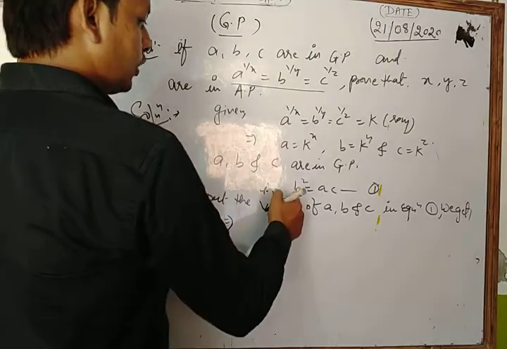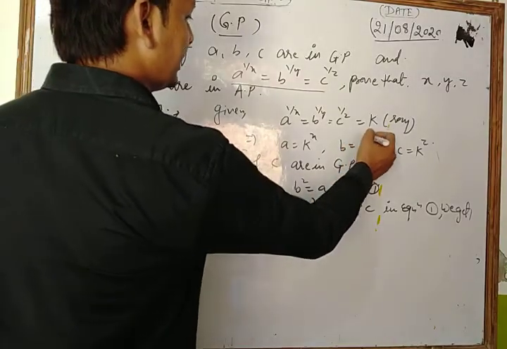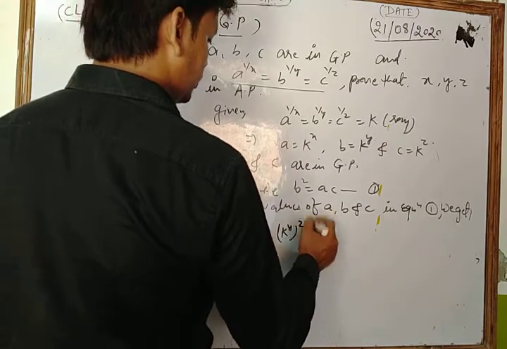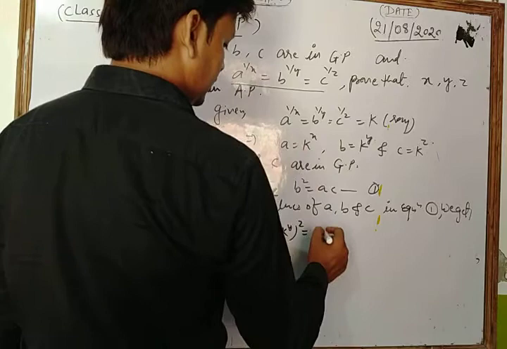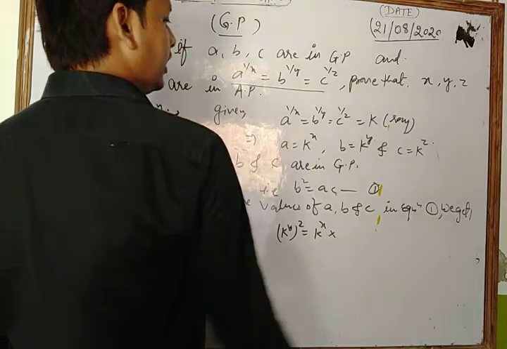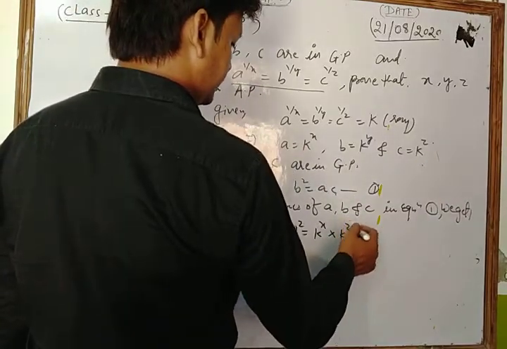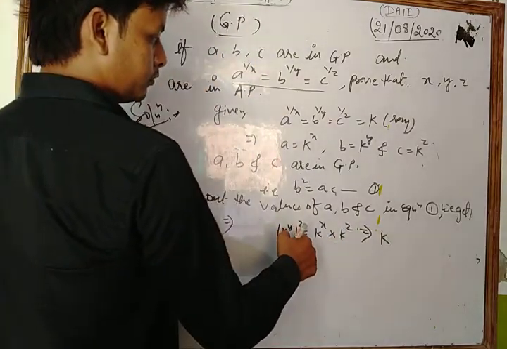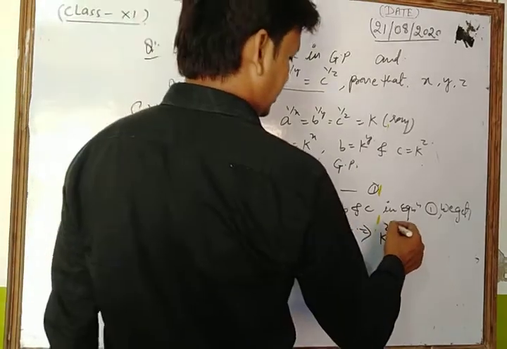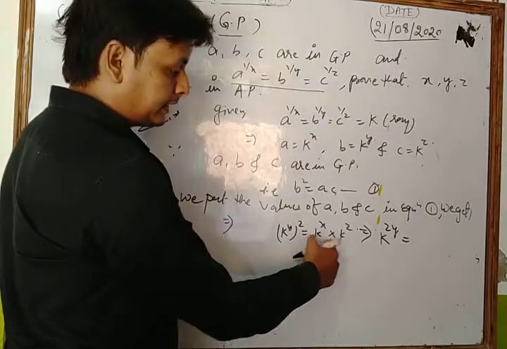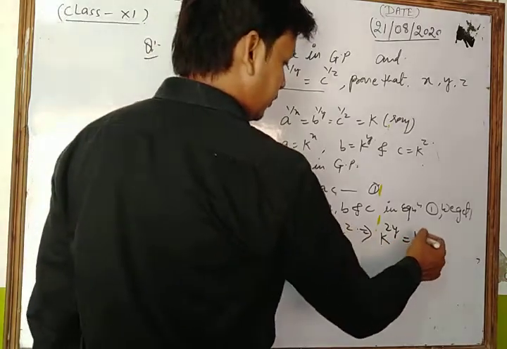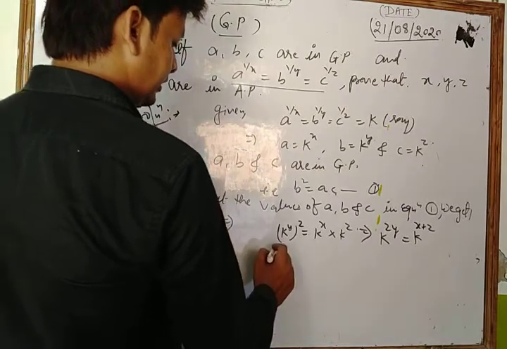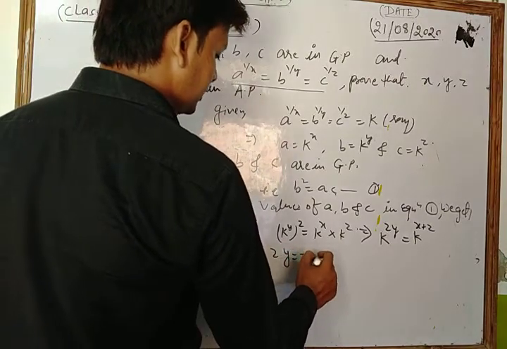B square, the value of b is k to the power y, so k to the power y whole square is equal to, now the value of a is k to the power x into the value of c, which is k to the power z. So we have k to the power 2y is equal to, now here bases are the same, so powers are added, so k to the power x plus z. So after comparing both sides, we get a relation 2y is equal to x plus z.